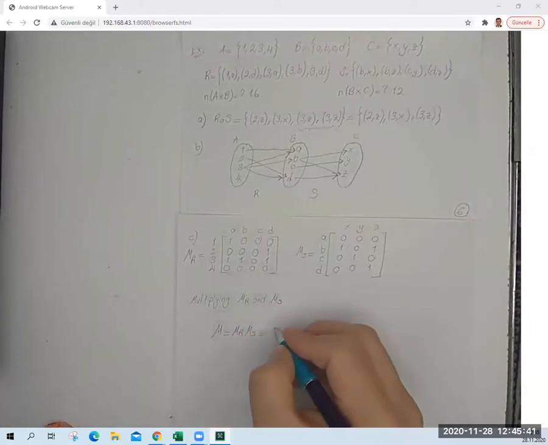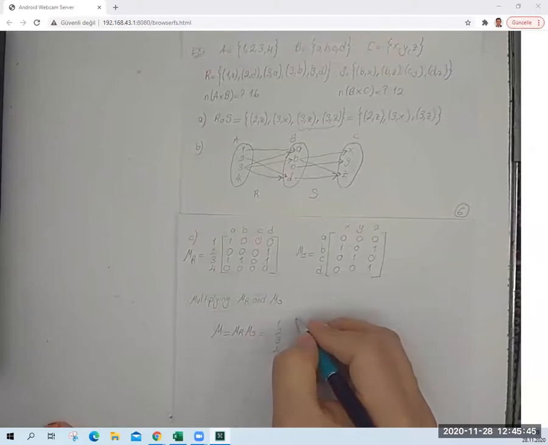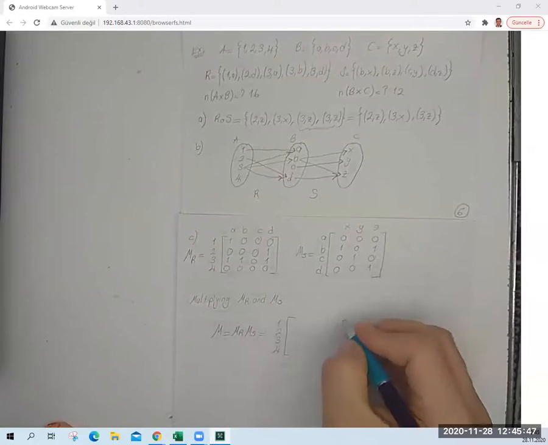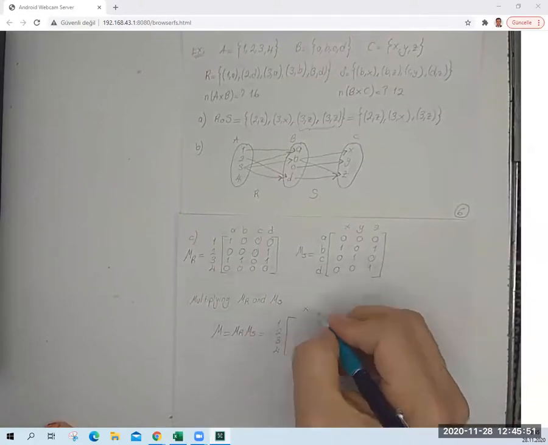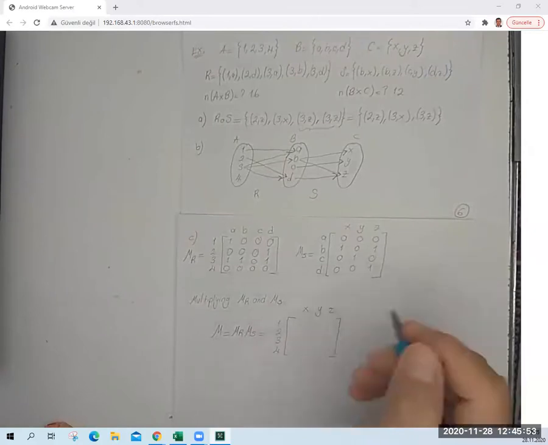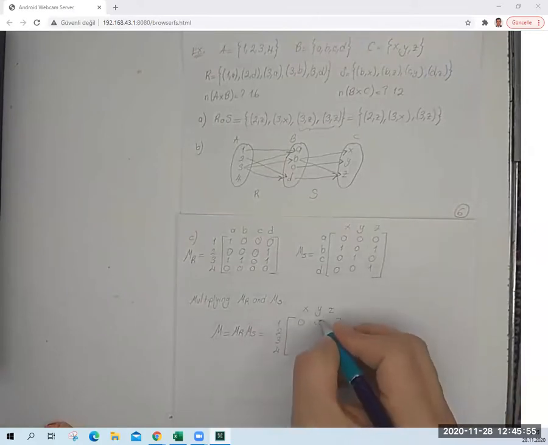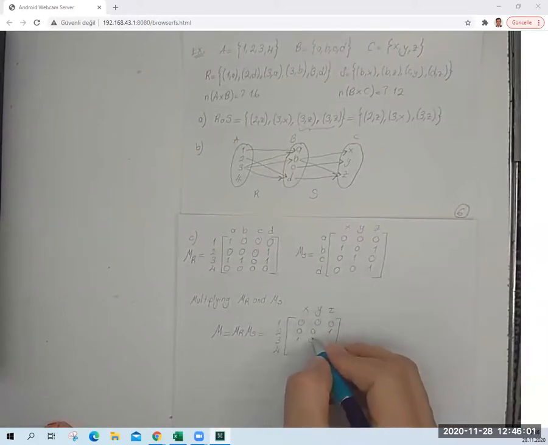This is going to be 1, 2, 3, 4, and columns X, Y, and Z. Here is going to be 0, 0, 0, 0, 0, 1, 1, 0, 2, and 0, 0, 0.